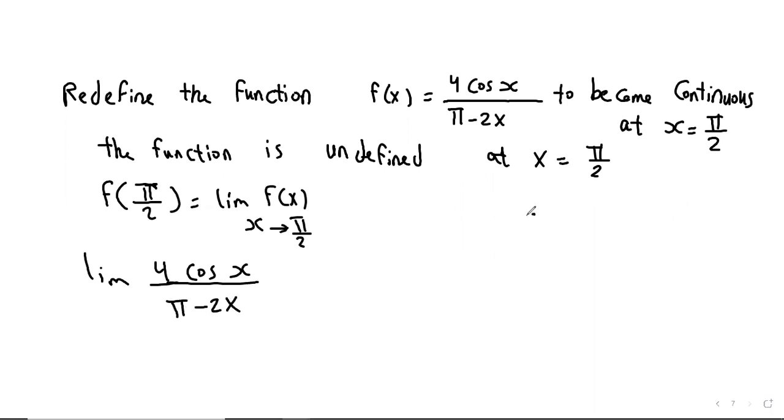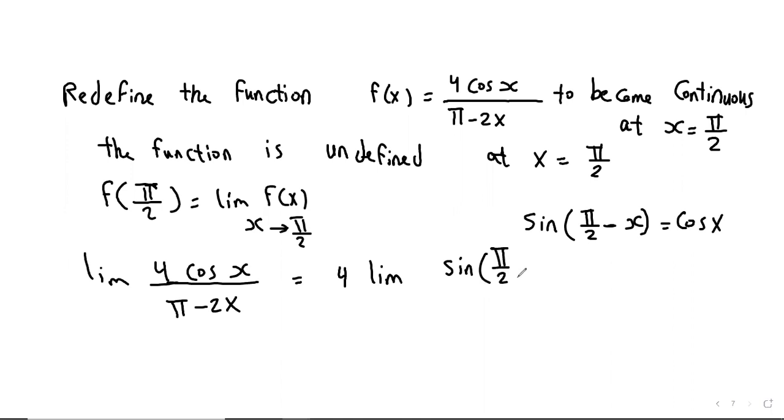You know that sine of pi over 2 minus x is the same as cosine x. So we are going to write it as 4 and write the limit. And instead of cosine x, we are going to write sine of pi over 2 minus x at the top.